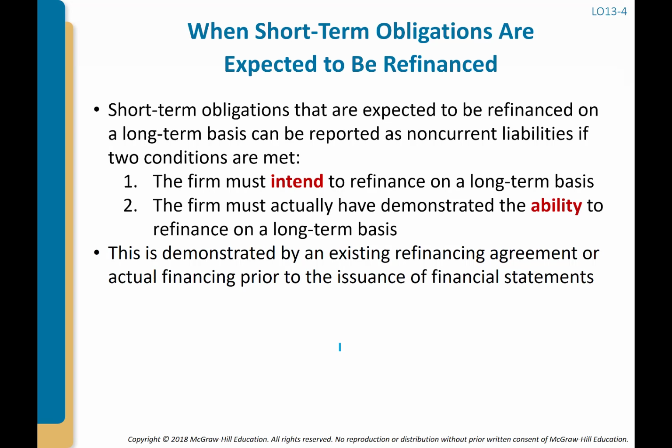IFRS will tell us, nope, you have to actually refinance it by December 31st, or we're not going to let you classify it as non-current. So it has to be demonstrated by an existing refinancing agreement, or actual refinancing has to have happened prior to the financial statements in order to keep as non-current what you think should be current.